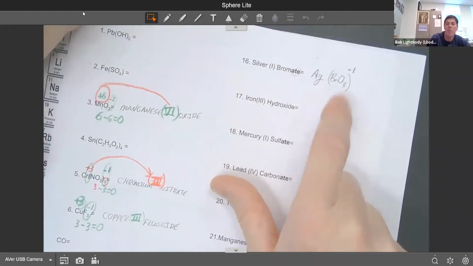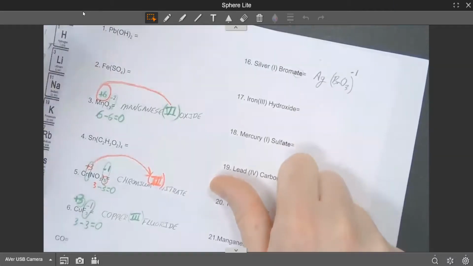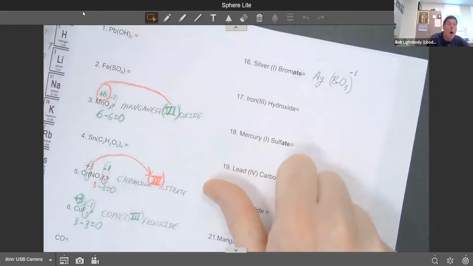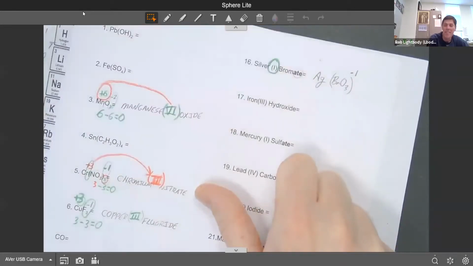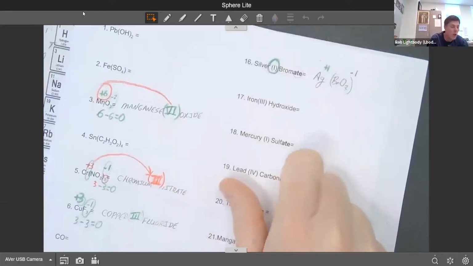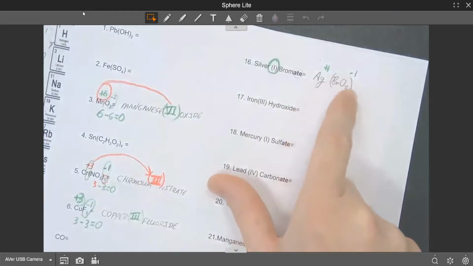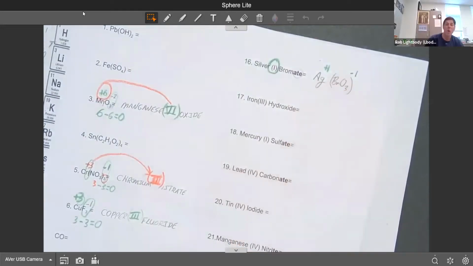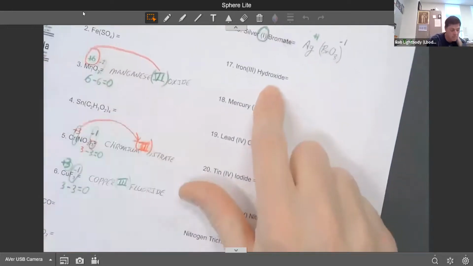You already know the answer. The Roman numeral, it's a 1. That gives you the charge. That means silver will always have the +1 charge in this compound. +1 -1, what does it equal? 0. We are done. Awesome. Let's go to the next one.